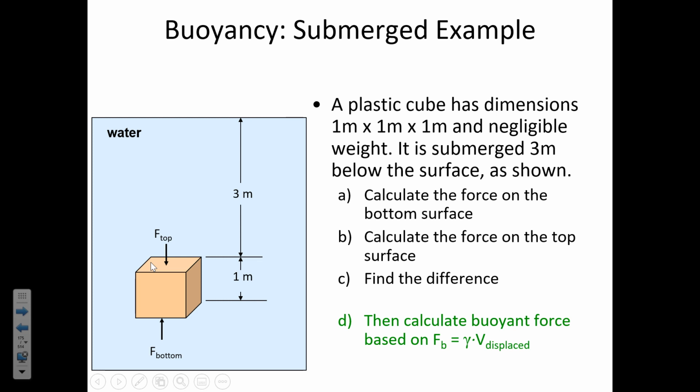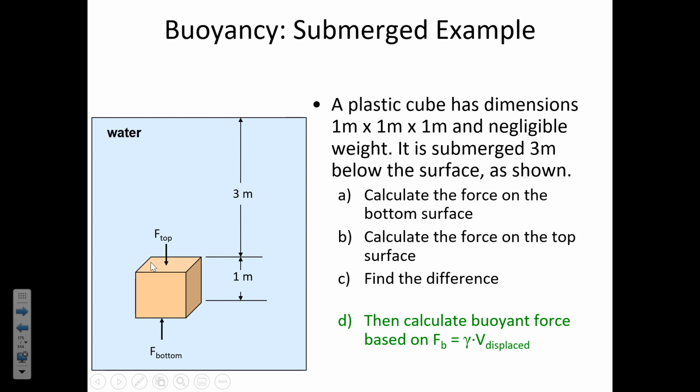In this case, it's water. So that gives us the pressure multiplied by the area of the top. From the water surface down to the top of this cube, the delta H is 3 meters. The unit weight, since it's water this time, is 9810 newtons per meter cubed.